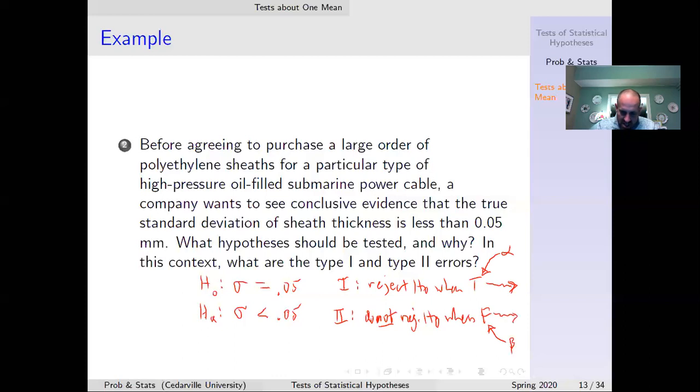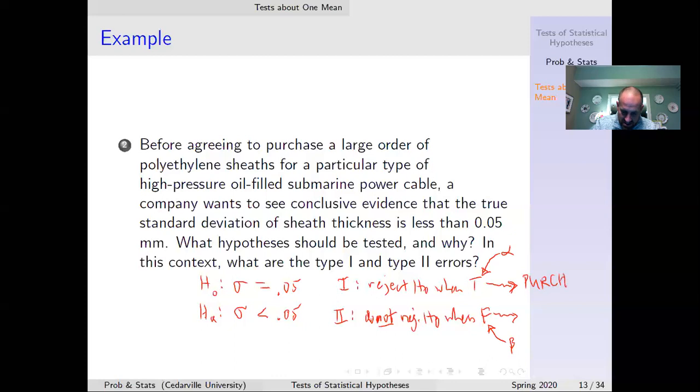But what will these cause us to do? If I reject the null when it is true, then I'm going to think that the alternative is true. That's the thing I'm going to be leaning toward, and so I'm going to take the leap and make this big purchase.